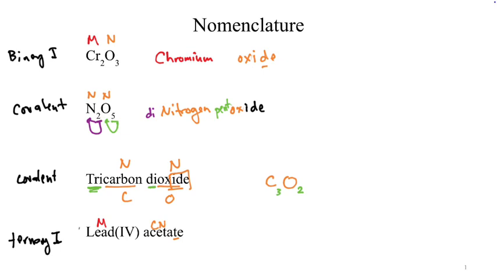Okay? Am I now done? Nope, because I have to remember an extra rule. With my binary ionic compounds, I have to specify extra information for the metal if what? If it is a metal that has more than one common ion charge.